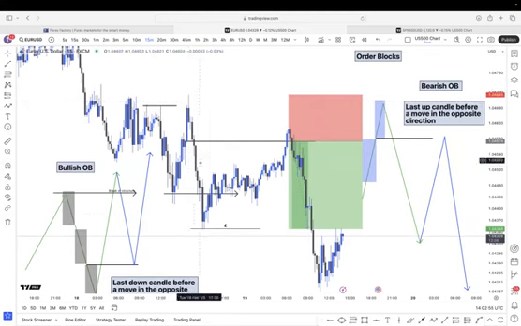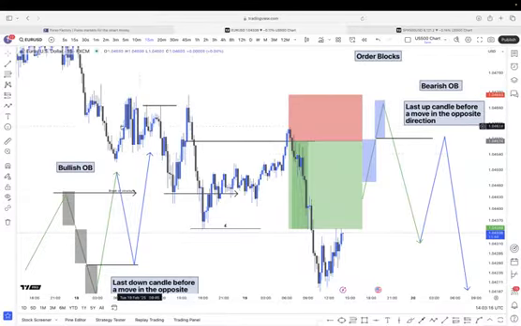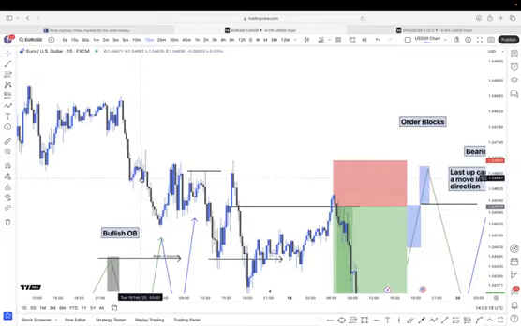When price did that, it shifted in its intended direction. That has created you a very highly probable order block. Back in the day, I called this an FU candle because it's saying FU to the liquidity, but it is just an order block.